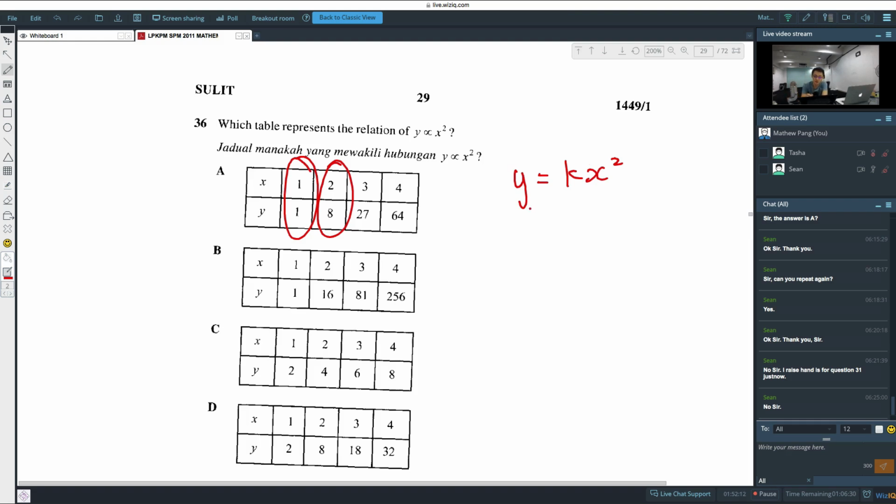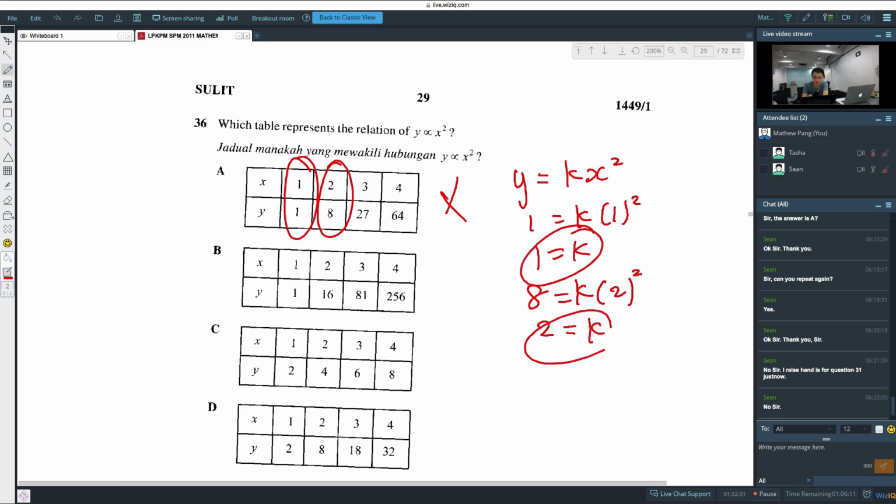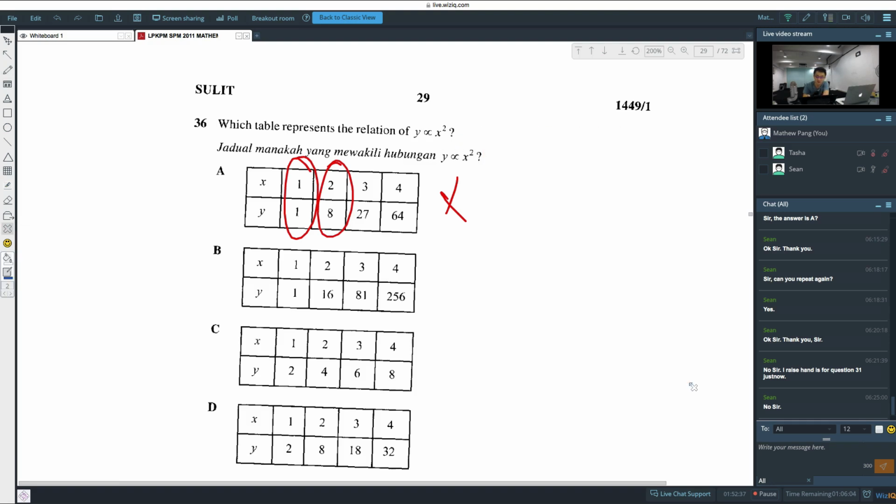So let's try A. When x is 1, y is 1, your k you will get 1. When x is 2, y is 8. This is squared, right? So your k basically is 2. So it's wrong because it's not constant. The first one k is 1, the second one k is 2, not constant, means it's wrong.